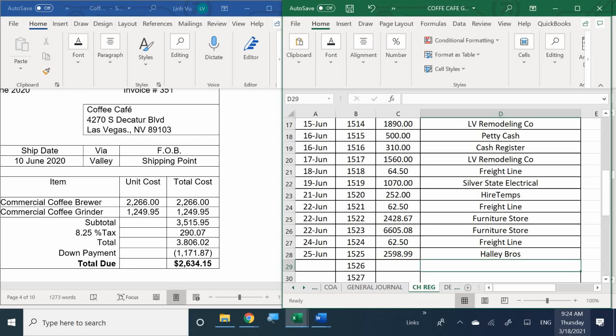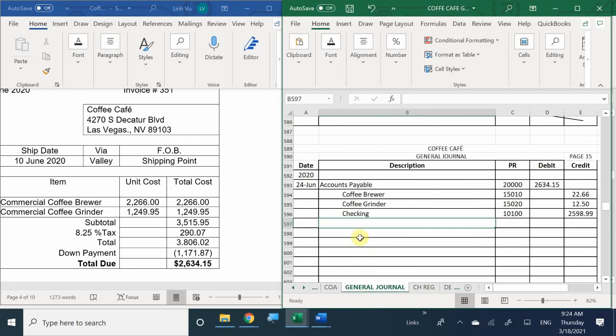Okay. So we wrote check number 1525. So what are we going to put here?